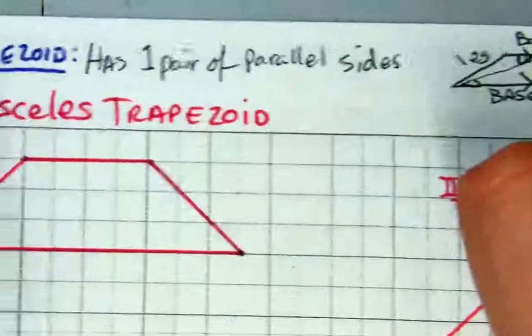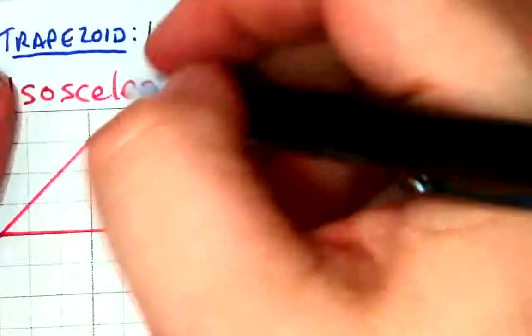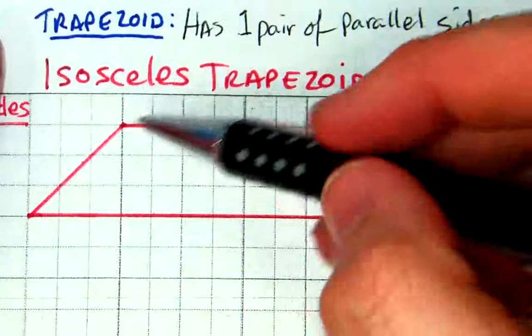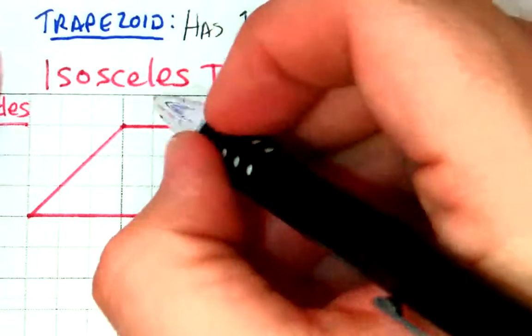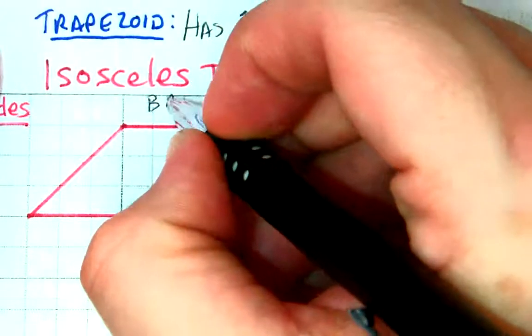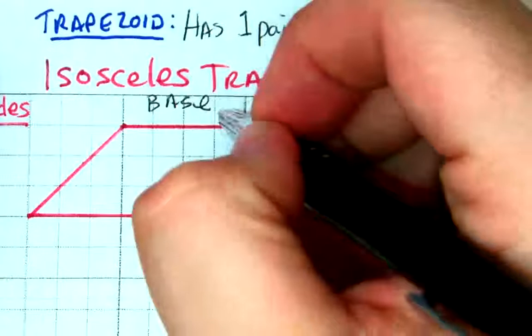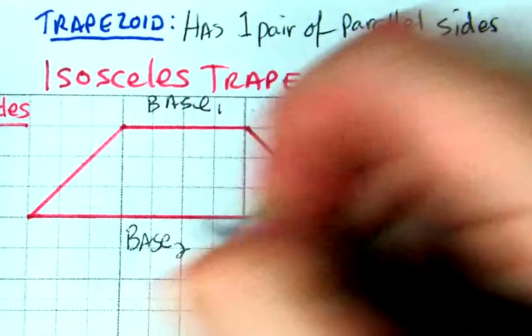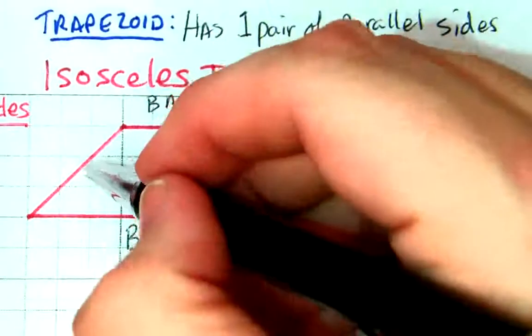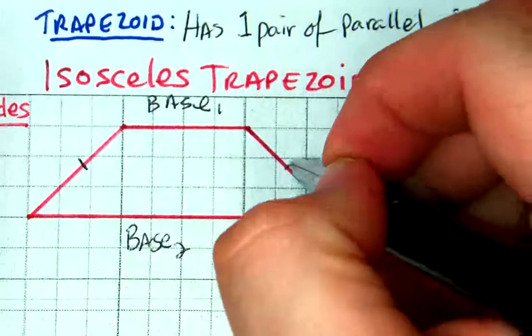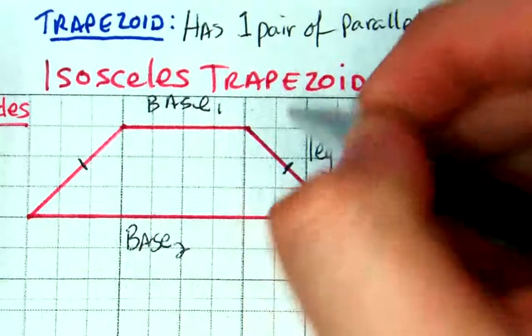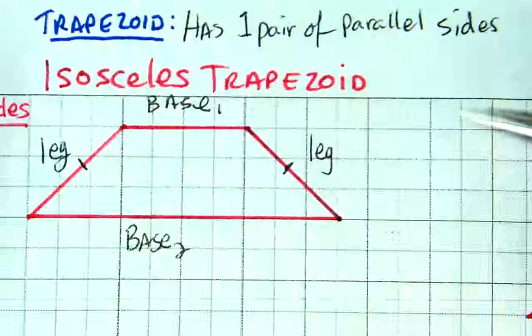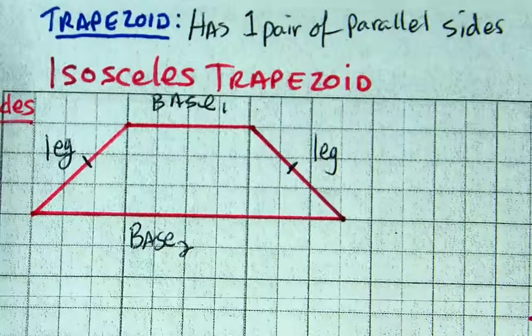For an isosceles trapezoid, you have a base here, that's base 1, you have a base here, base 2, and then you have two legs that are congruent to each other.